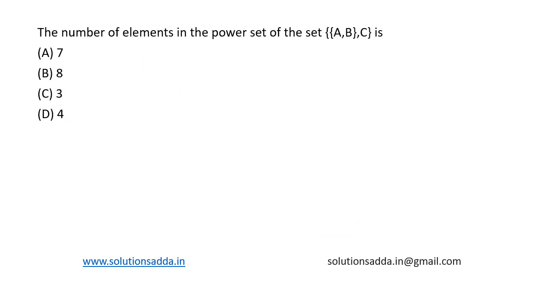This is a question from set algebra. The number of elements in the power set of A, B and C is. So for an n element set, there are 2 to the power n elements in the power set.